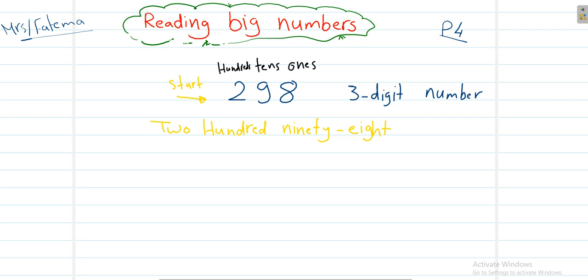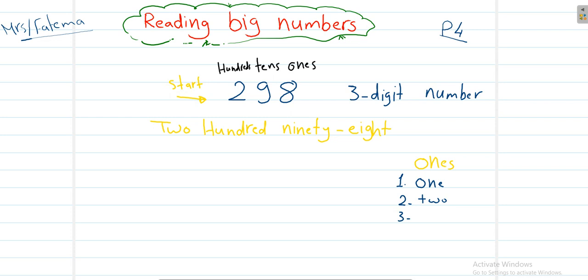What about if I have other numbers in these digits' places? Starting here from the ones, if I have 1, it's going to be pronounced as 1. If I have 2, it's 2.